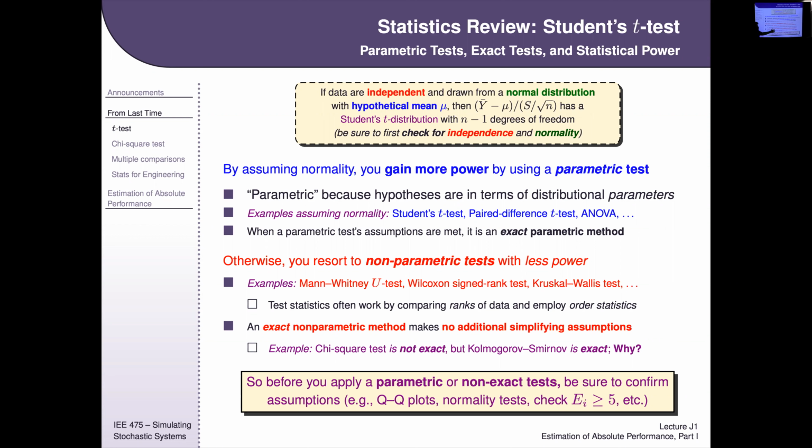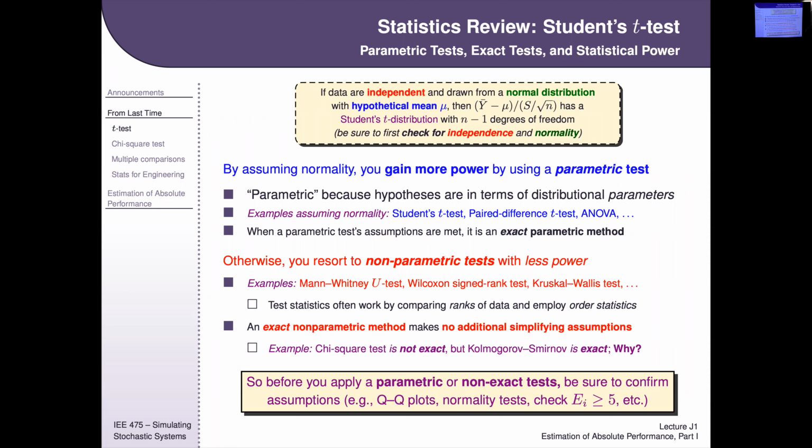An exact non-parametric method, you can really just apply to anything without any assumptions whatsoever. There's no simplifications. So I mentioned here, chi-squared is not exact, but Kolmogorov-Smirnov is exact. That's because the chi-squared requires that greater than or equal to 5, whereas the KS test can really be applied anywhere.